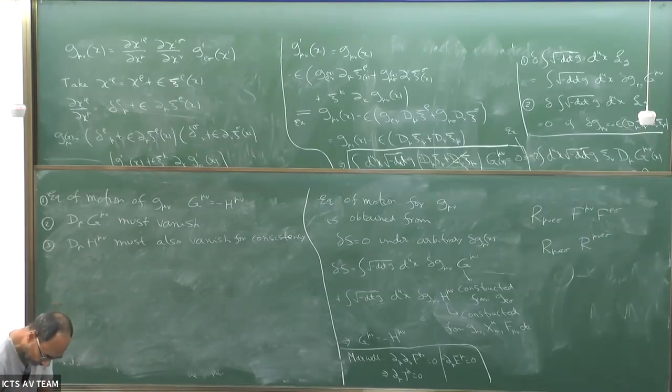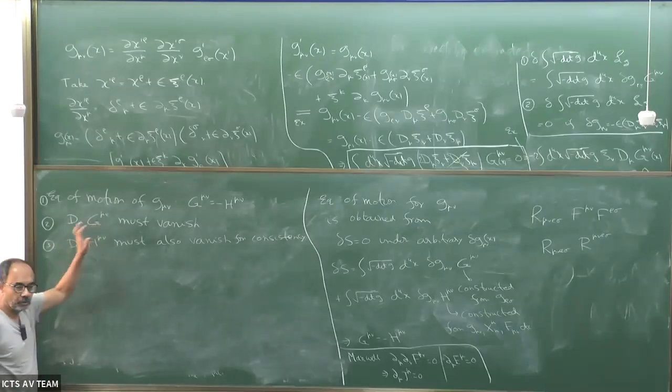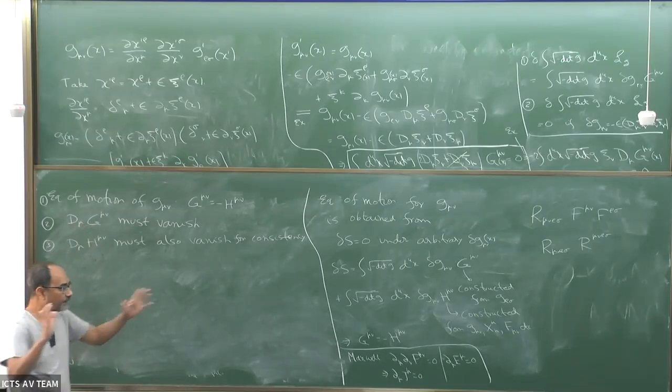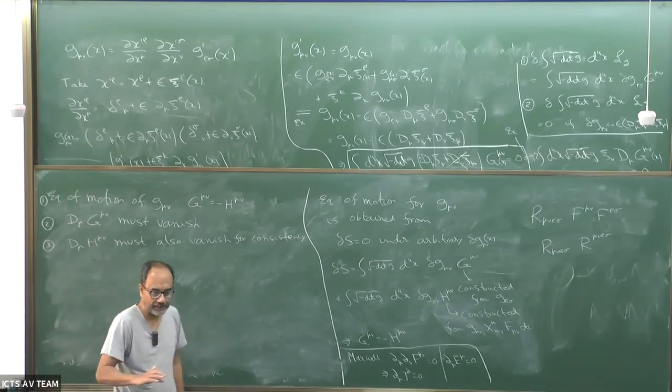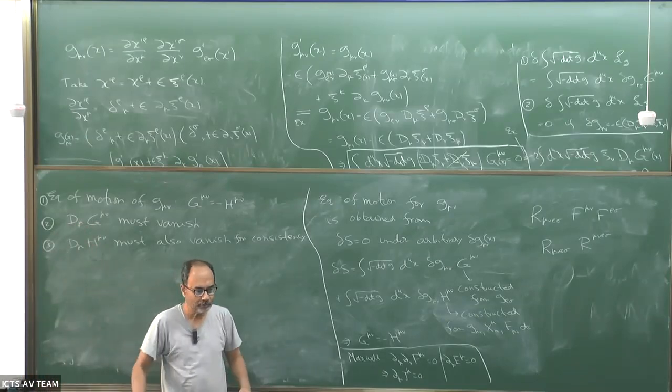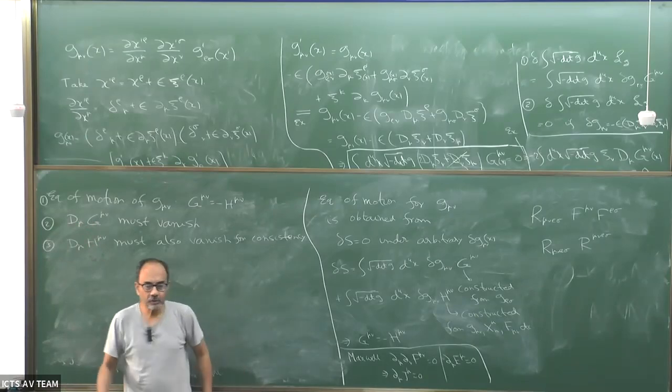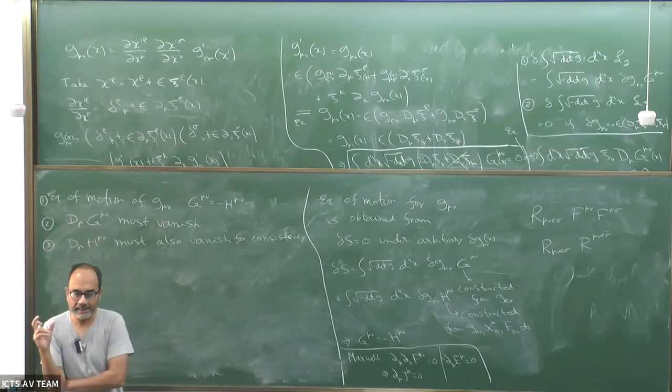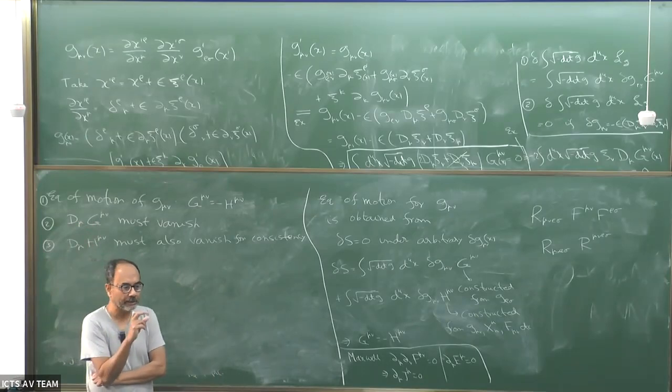Okay, so now let's try to be more specific and determine what these things are. So G mu nu. Now, just from the general principle, you have gotten whatever you can, so you have to now try to use some insights. Here you are going to use the insight that in the appropriate limit, it should reduce to Newton's law.